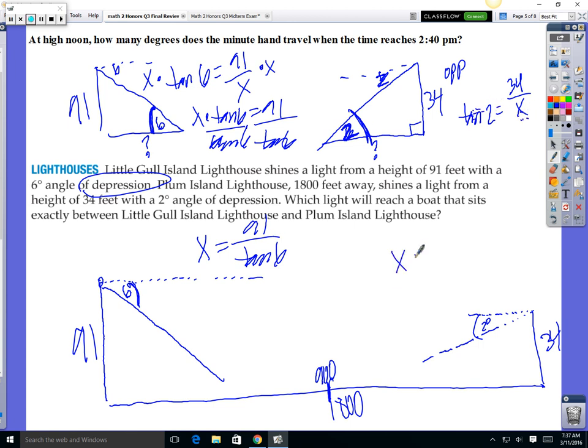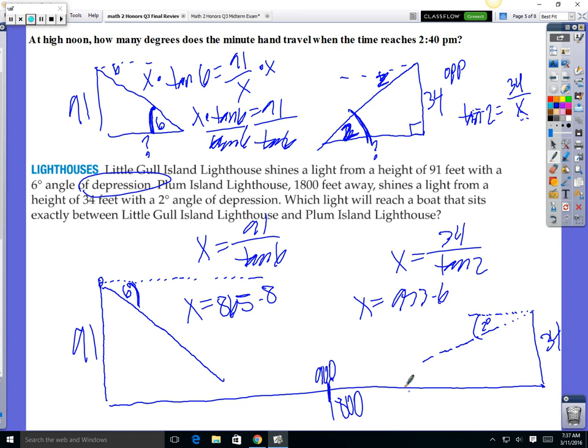So it's going to be x equals 34 divided by tangent of 2. So now if I do 91 divided by tangent of 6, okay, x is going to be 865.8, and over here 34 divided by tangent of 2, x is going to be 973.